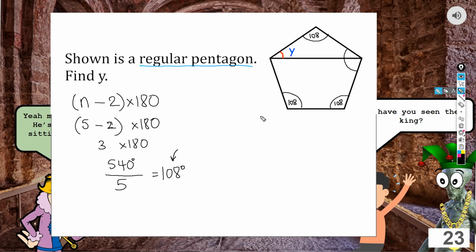Now remember, if we only take the top of the shape, like this, we know here is 108. We know this side and this side have the same length because it's a regular polygon. Is the horizontal line equal to the sides?